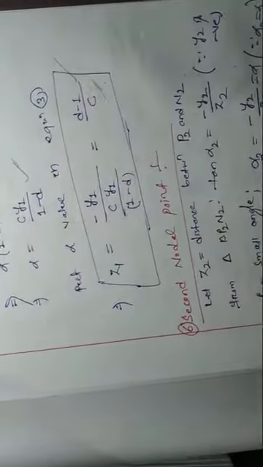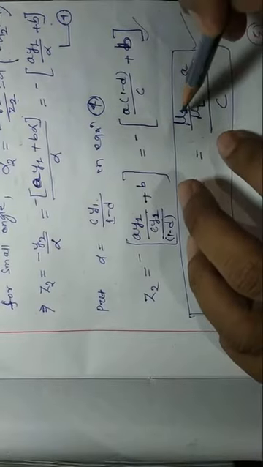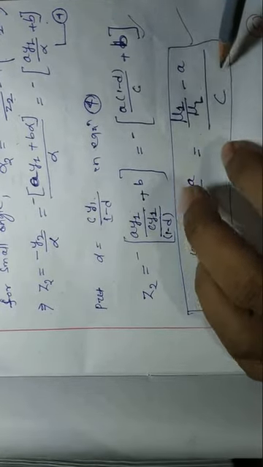The first nodal point expression is d minus 1 by c. Next, the second nodal point has the expression mu1 by mu L minus a by c, or we can write mu1 minus mu L a by mu L c.